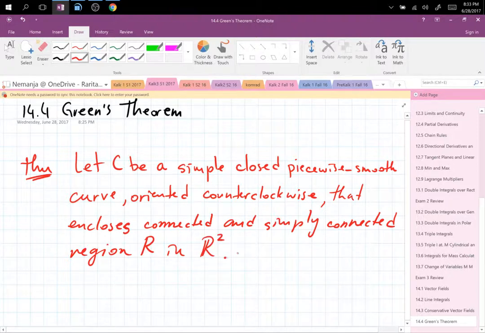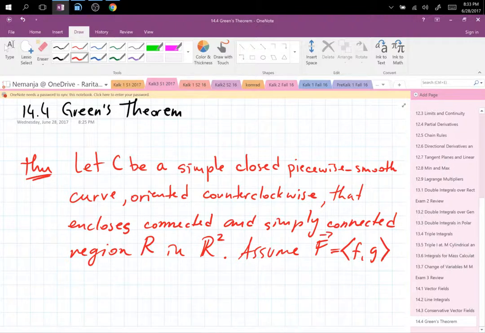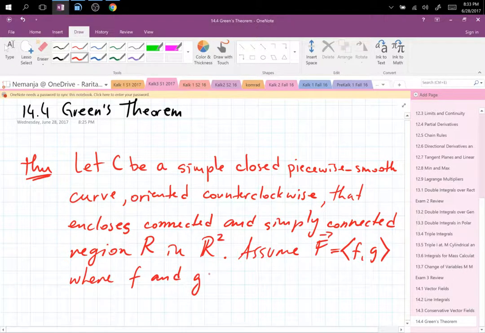That's how you write that. Assume F is the vector field, right? Where F and G have continuous first partial derivatives in R.